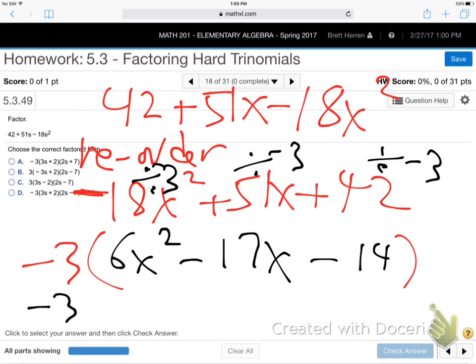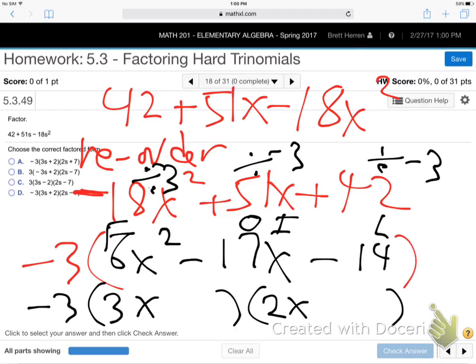So the minus 3 sits in the front. 2 parentheses. We're thinking FOIL. Front times front. So 3x 2x. Last times last to be 14. Now what multiplies to be 14? 7 and 2. But do I want to go 7, 2 like that? No, I don't want those two 2's together, huh?